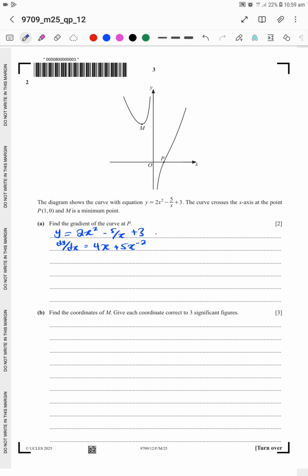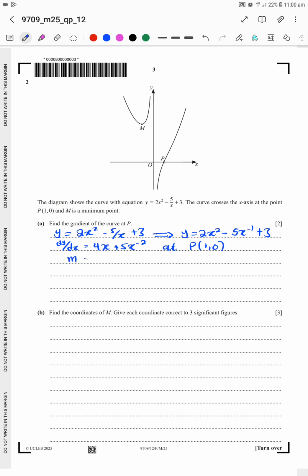Remember, the equation here can be written as y is equal to 2x squared minus 5x to the power negative 1 plus 3. And when you differentiate this, you get this particular derived function. So to find the derivative at P, which is (1, 0), we substitute the x value into the derived function.